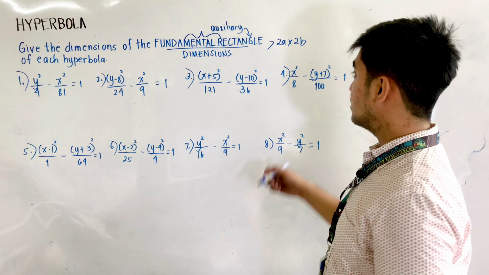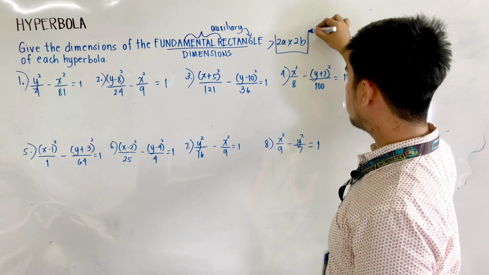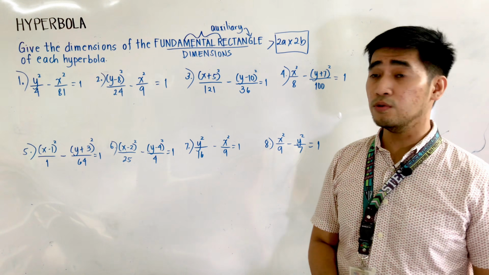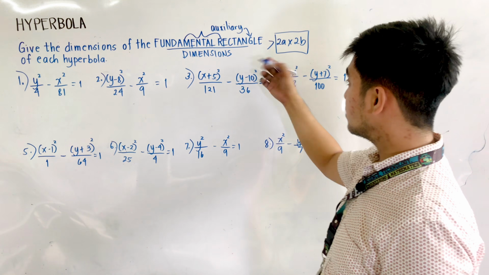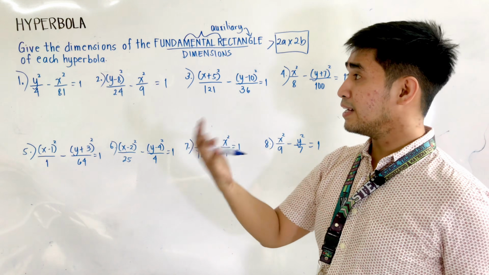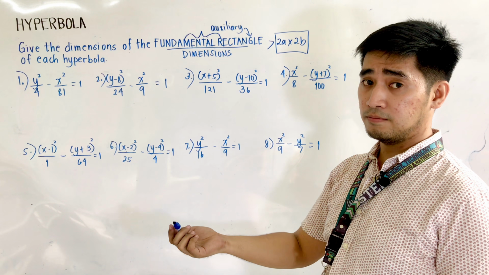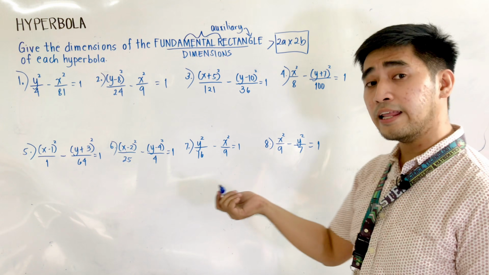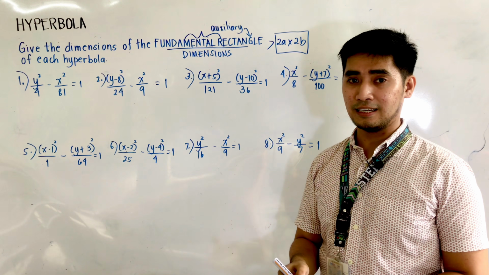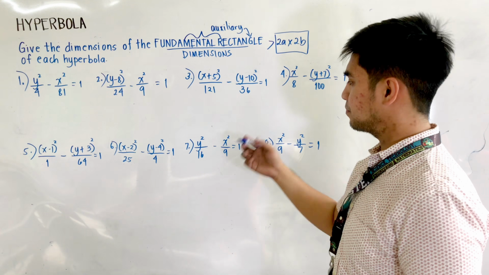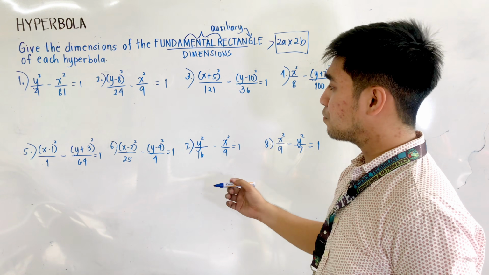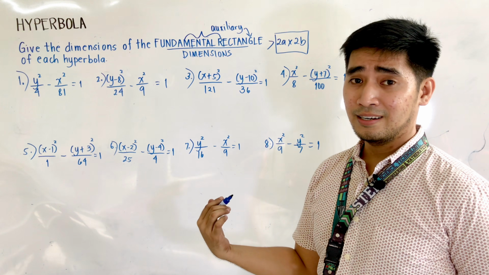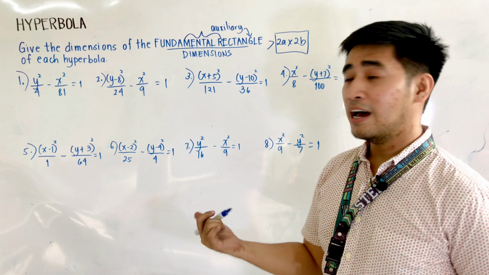Again, the formula that we will be using is just equal to 2a by 2b, or it is also equal to the vertical length by horizontal length, or horizontal length by vertical length. Let us first draw the hyperbola.